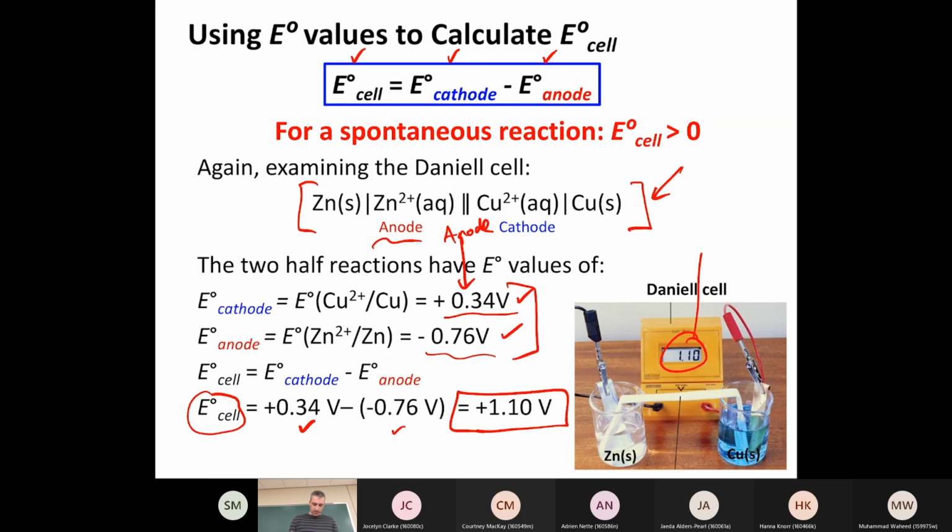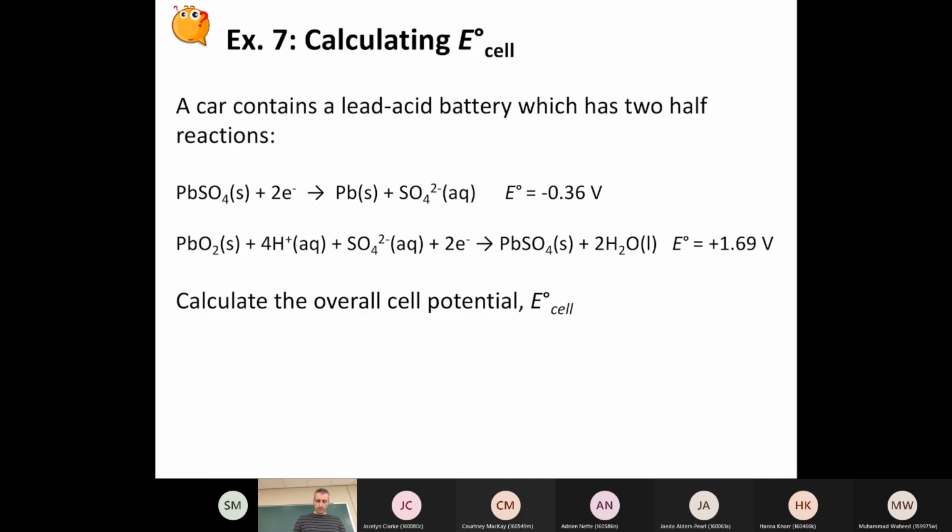Sorry, the cathode, I said that the wrong way around. The cathode, the one that wants to be reduced, is the one that has the higher E0 value. The one that wants to be oxidized is the one with the most negative standard electrode potential. So it's always like the big one minus the small one will give you your cell potential for the spontaneous direction of that cell, which makes life a little easy.